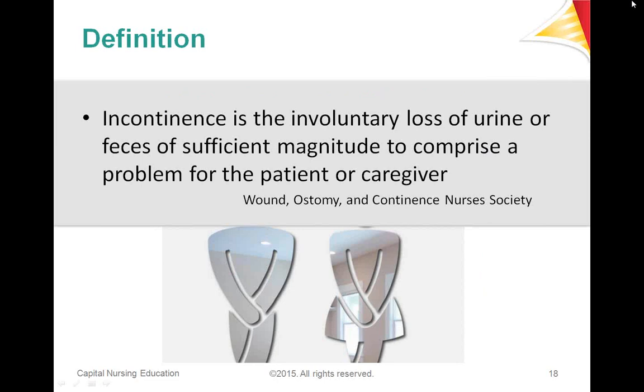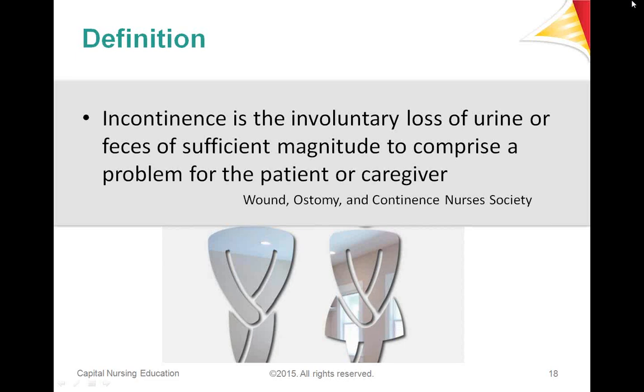And I can tell you as a wound ostomy continence nurse for many years, what I would have considered a significant problem is a little bit different from what the patient is concerned about and is looking at and identifying.